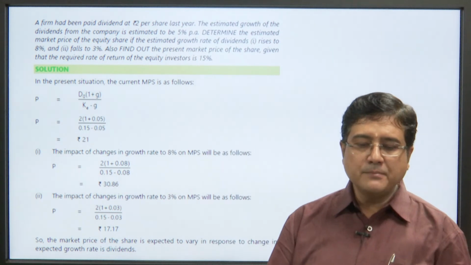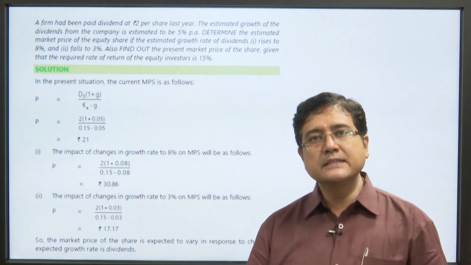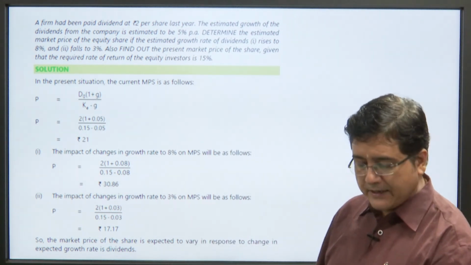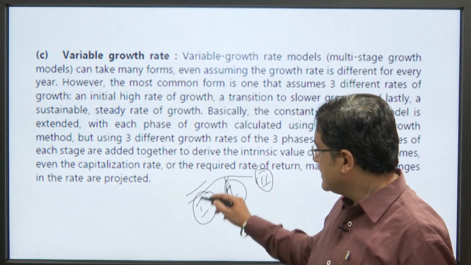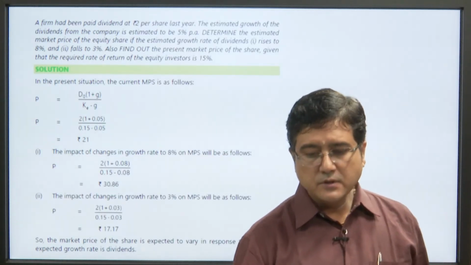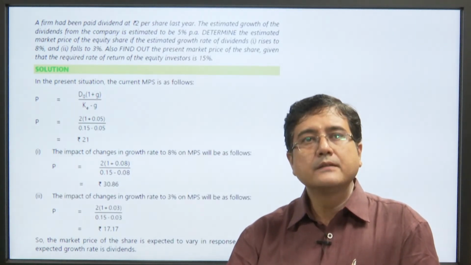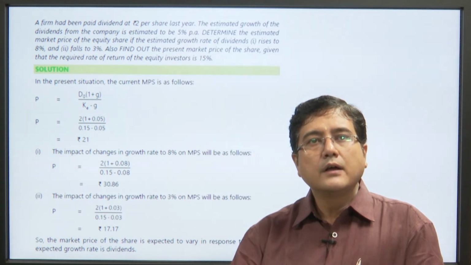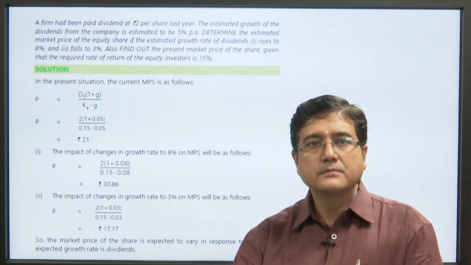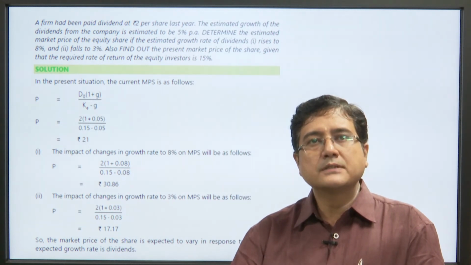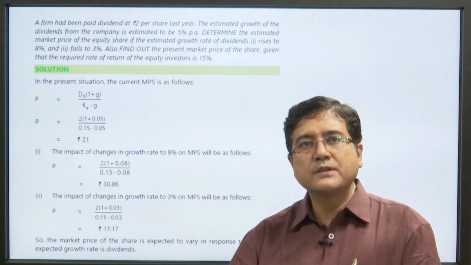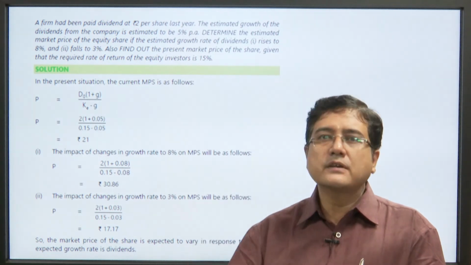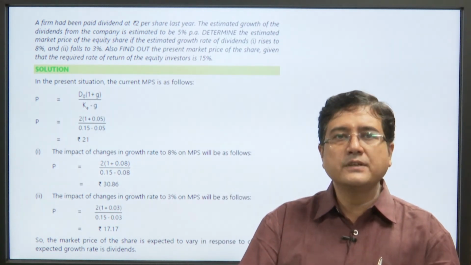Determine the estimated market price of the share if the growth is initially high, rising at 8%, and then falls to 3%, with all calculations based on a required rate of return of 15%. That is our cost of capital, and it is constant at 15%.